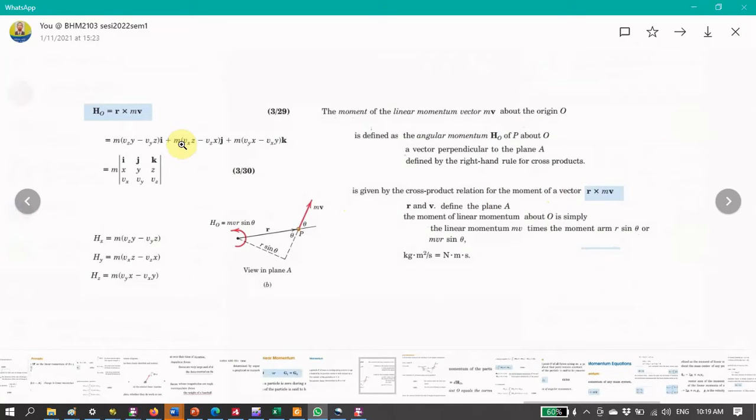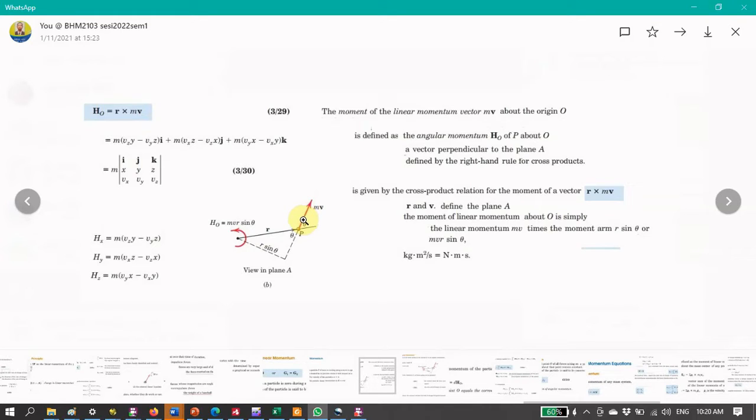This symbol that I mentioned before, the angular momentum, can be quantified by the cross product of the position vector with the linear momentum that the particle has, right?